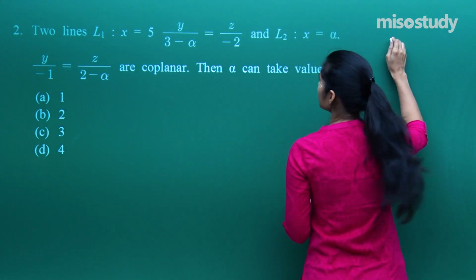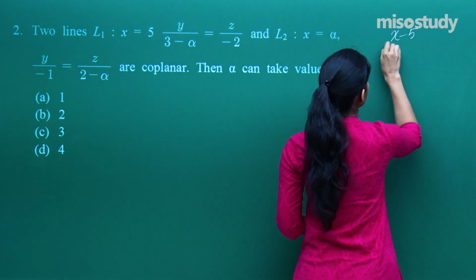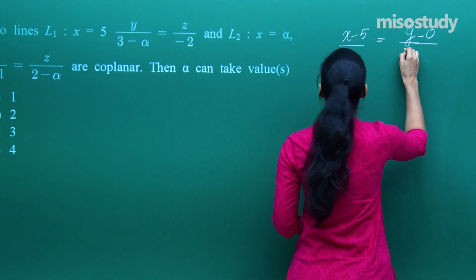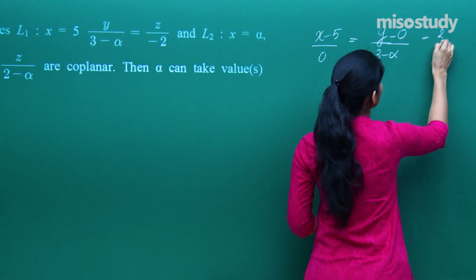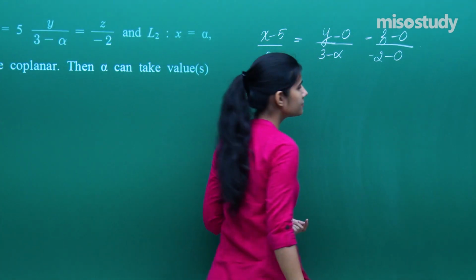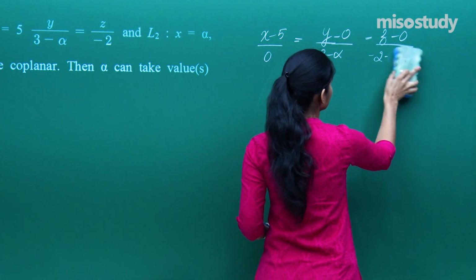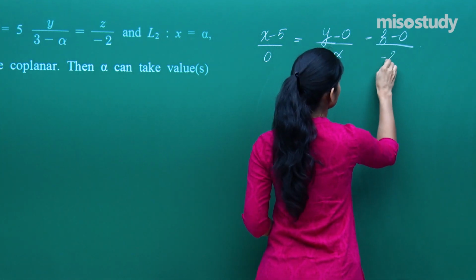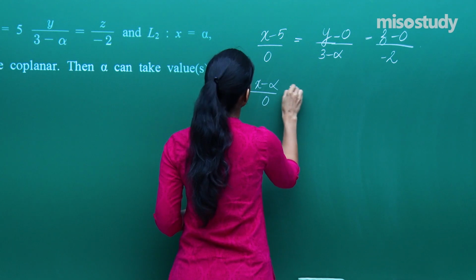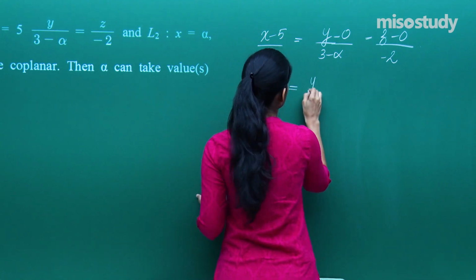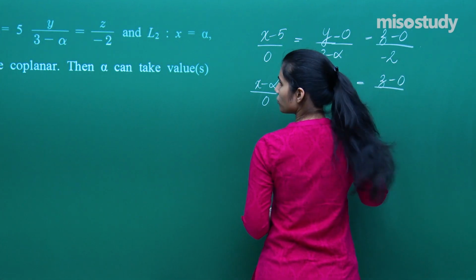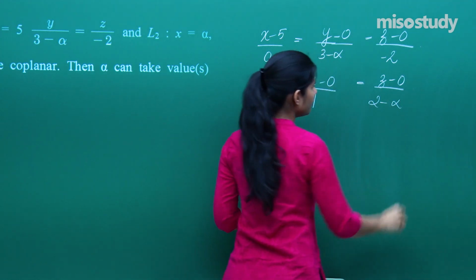You have the two lines given as (x minus 5)/0 equals (y minus 0)/(3 minus alpha) equals (z minus 0)/(minus 2), and then (x minus alpha)/0 equals (y minus 0)/(minus 1) equals (z minus 0)/(2 minus alpha).